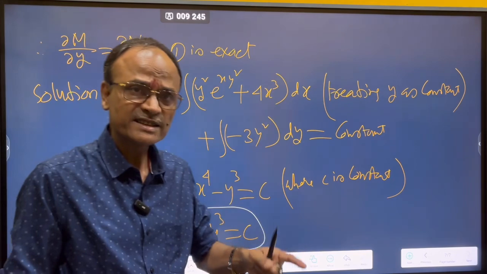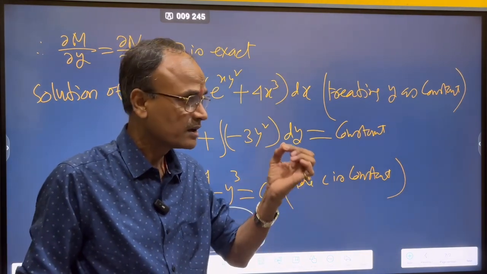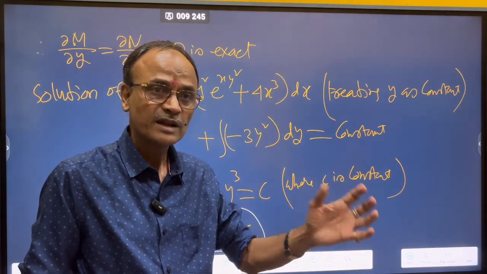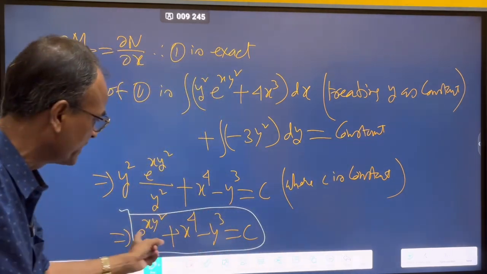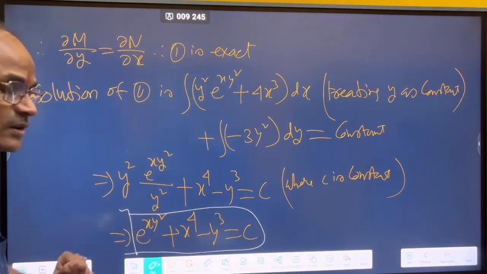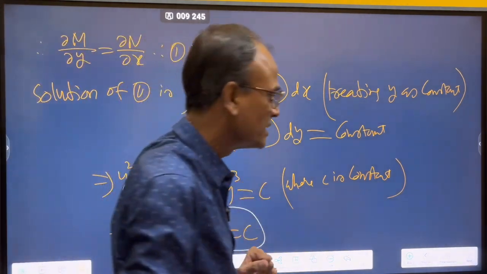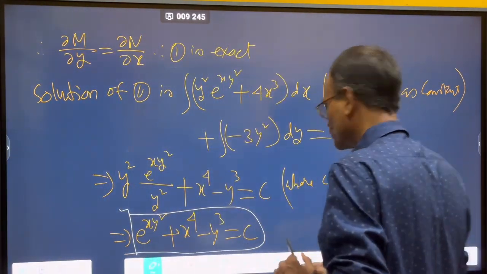Since this equation is exact, the left hand side should be equal to d of some function, and d of that function equals 0.